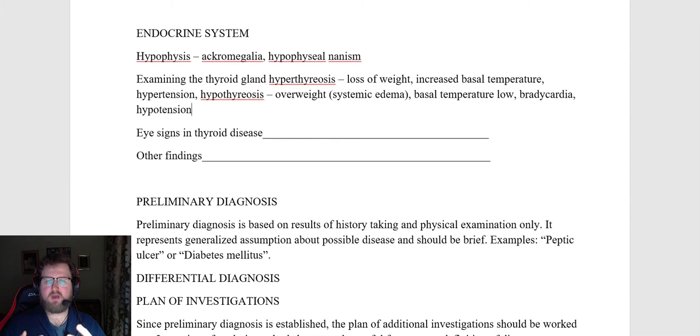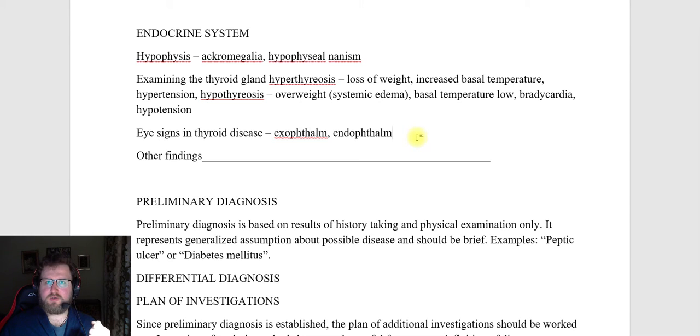Same goes for eye signs in thyroid disease. There are also a number of very specific eye symptoms like exophthalmos, endophthalmos. You will read about that by yourselves in specific manuals about thyroid disease, the endocrinology.